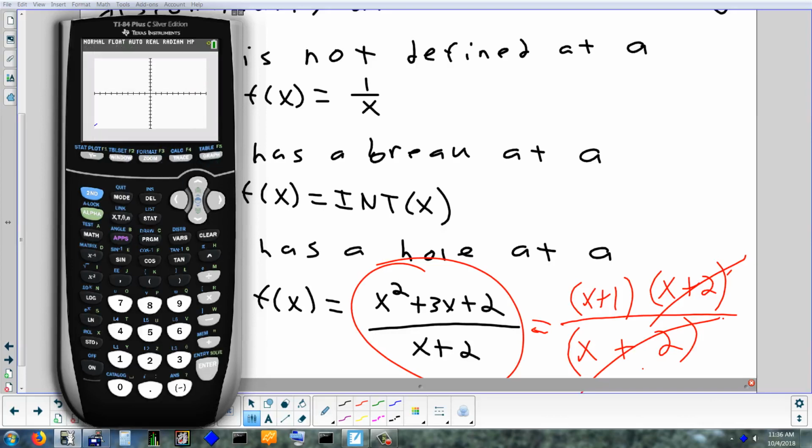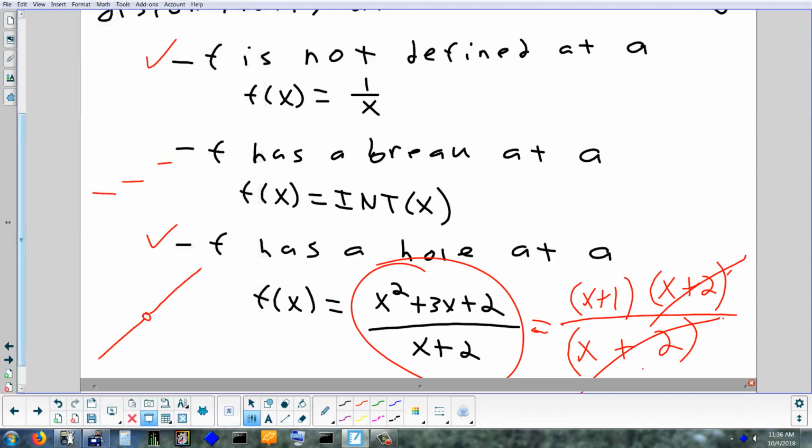It should look like that. It's going to draw a little slow. Really slow. But that's exactly what it should look like. So just by changing that one number, I messed up the whole factoring. But that's how you know you have a hole. The top factors, and it has a factor in the top that's already in the bottom.